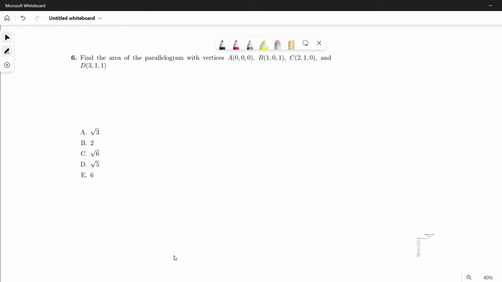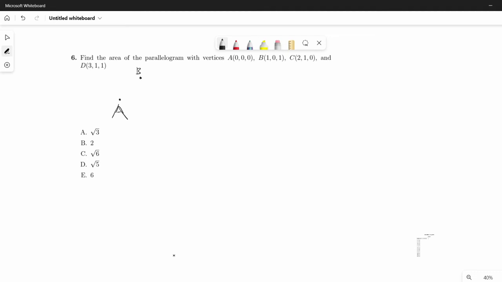For question 6, we're given 4 points A, B, C, D, and we are to find the area of this parallelogram. For this, I'm just going to demonstrate and draw using a 2D surface. So that's what we got. Here, let's set an anchor of A to be 0, 0, 0. And then B, let's say B is here, is 1, 0, 1.